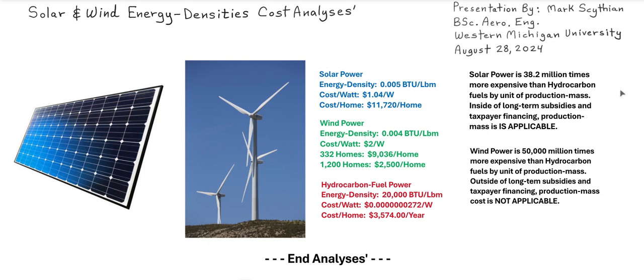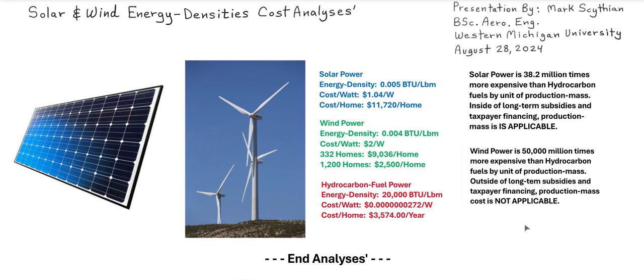We're taking the weight of the fuel and the weight of a commercial wind turbine, and we're getting its power output over the weight. So again, that is a base value. But then again, the wind power is outside of long-term subsidies and taxpayer financing. So therefore, the production mass cost is not applicable.